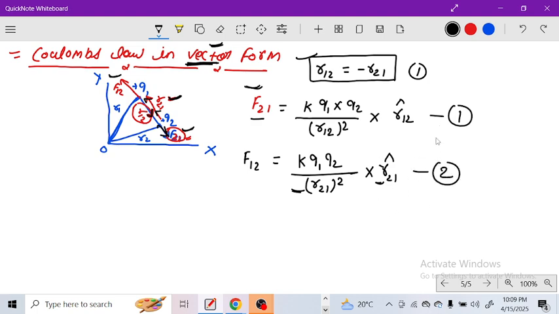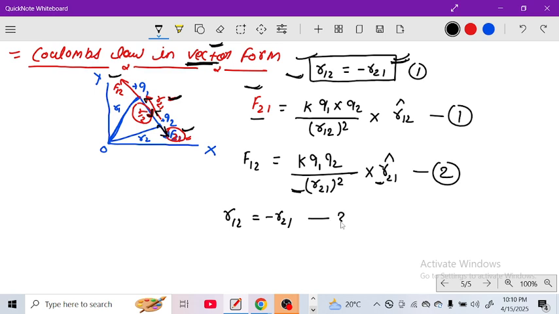So if I relate equations 1 and 2, what do we see here? I am also writing R12 is equal to minus R21, Kavya. Can you see? Yes, sir. So R12 is equal to minus R21.